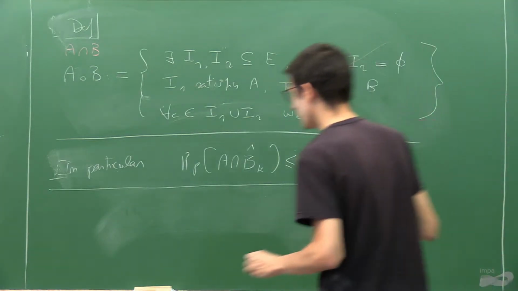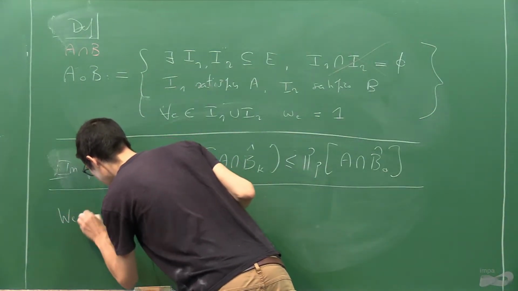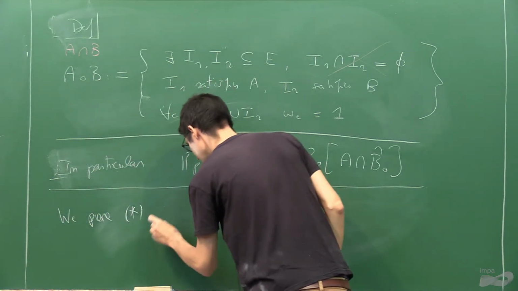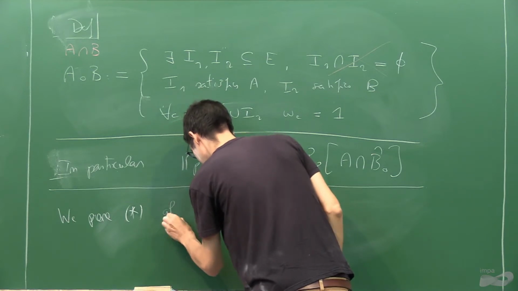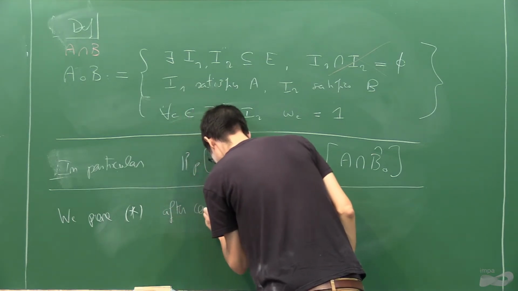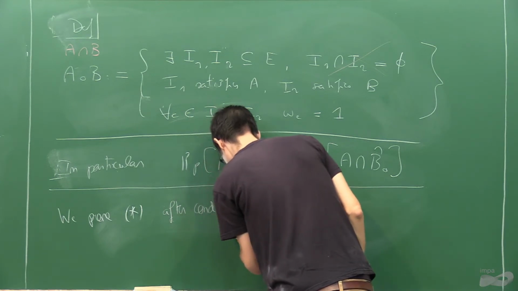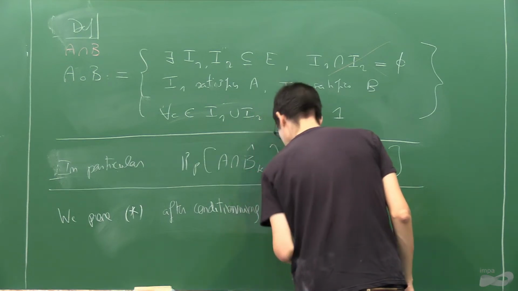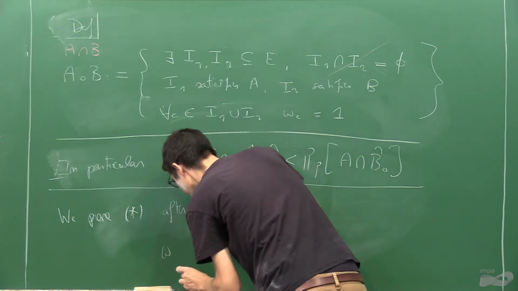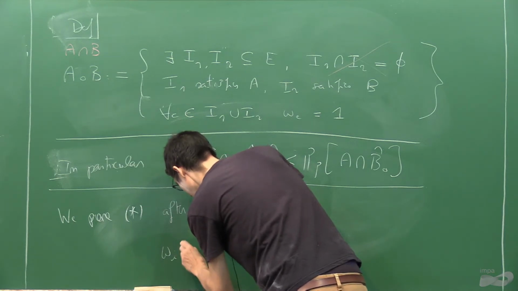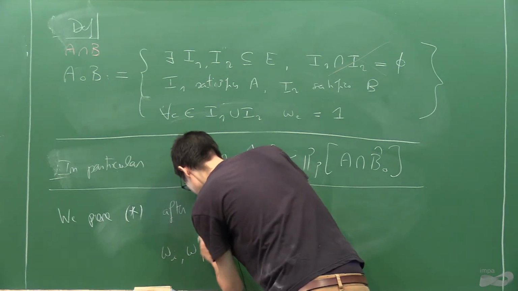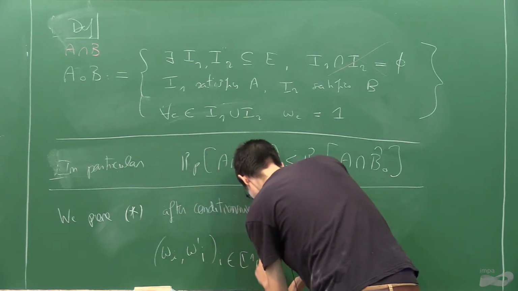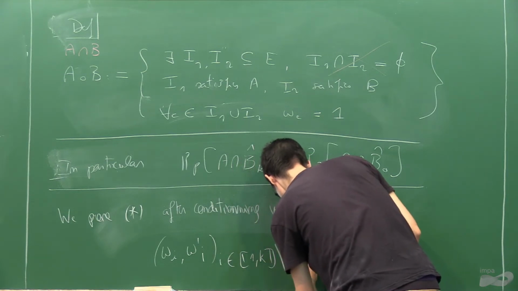Okay, so we prove star after conditioning with respect to omega i, omega prime i, in 1 to k minus n.